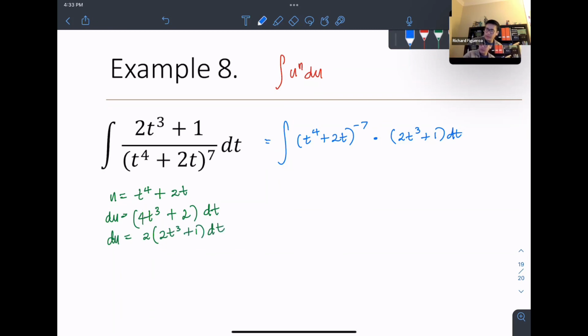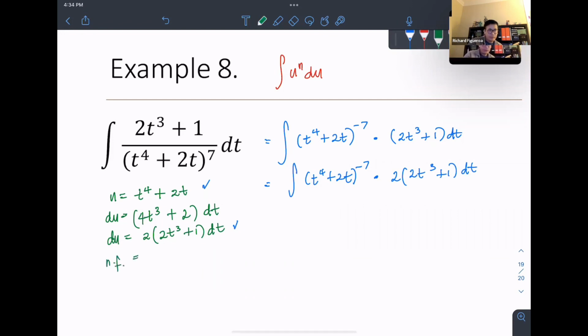So rewriting this one, u raised to n, ito ang u natin, which is t to the 4th plus 2t raised to negative 7. And then ang du niya is this one. Derivative is 2 times 2t cubed plus 1 dt. And again, we have the neutralizing factor na, una na 1/2.